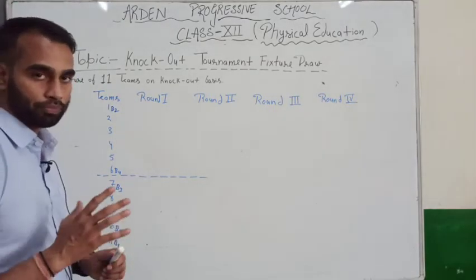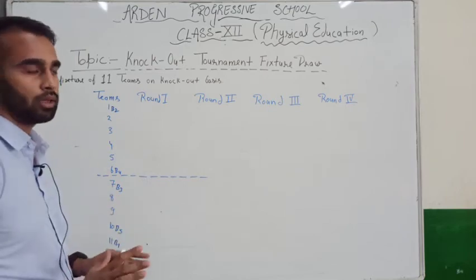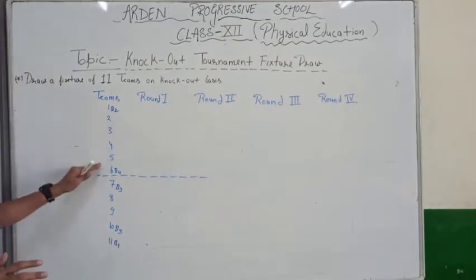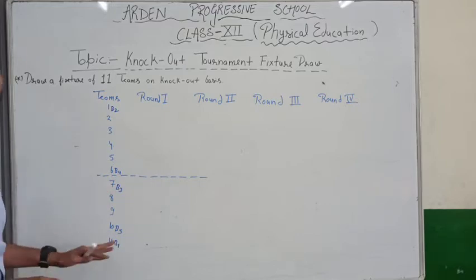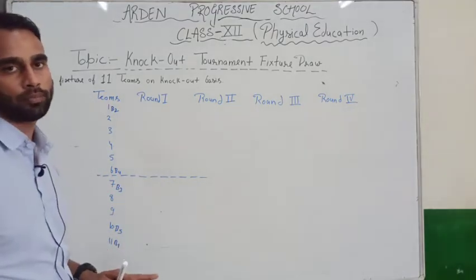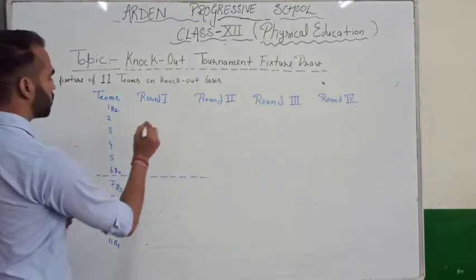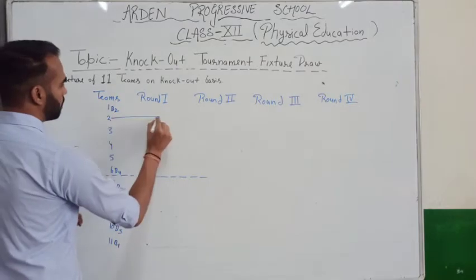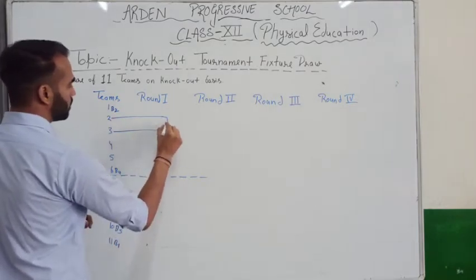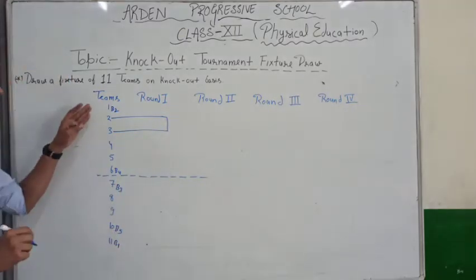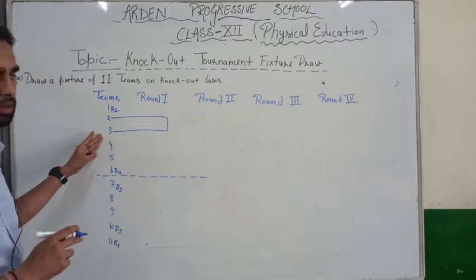So now we conduct the first round. Basically, the teams that have a bye do not play in the first round. So number 1, number 6, number 7, number 10 and number 11 are not participating in the first round. Number 2 and 3 will participate. The first match is between number 2 and number 3 teams.